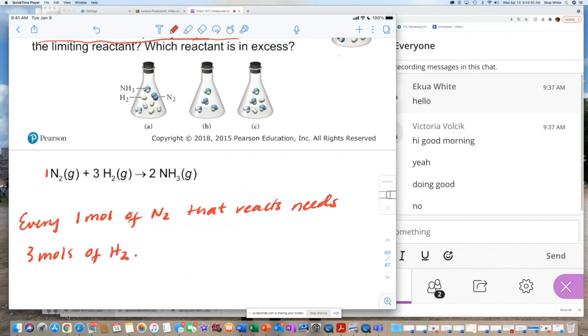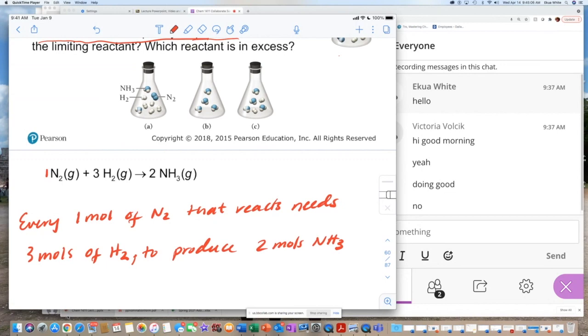Okay, so it's kind of like a missing piece based on the balanced equation. When you have 1 mole of N2, you need 3 moles of H2. And then when they come together, what happens then? To produce 2 moles of NH3. Okay, so the balanced equation is telling us this.